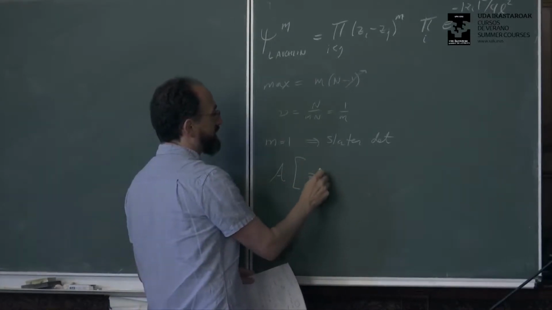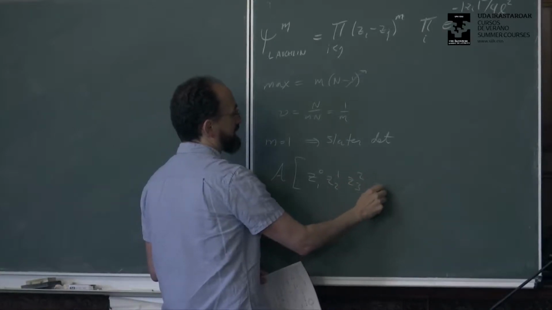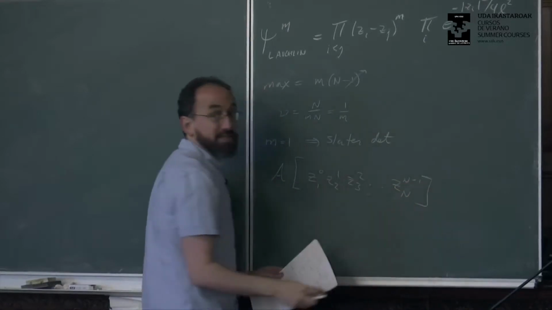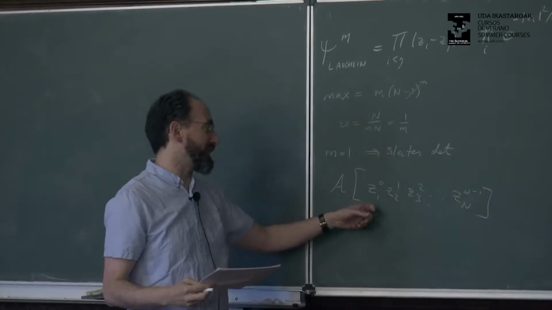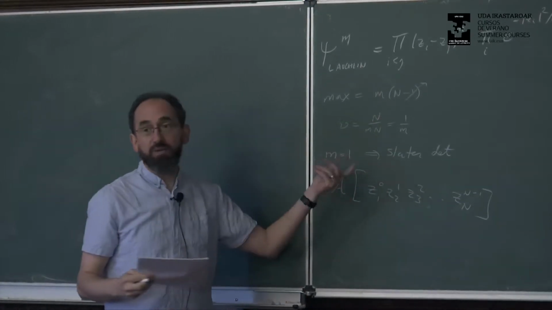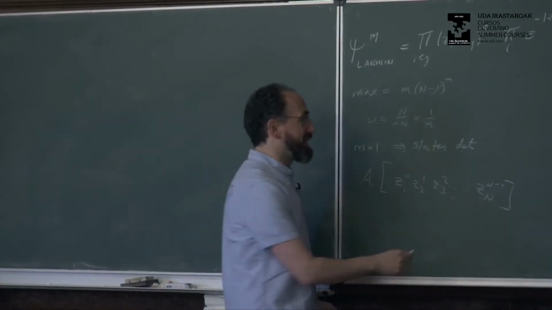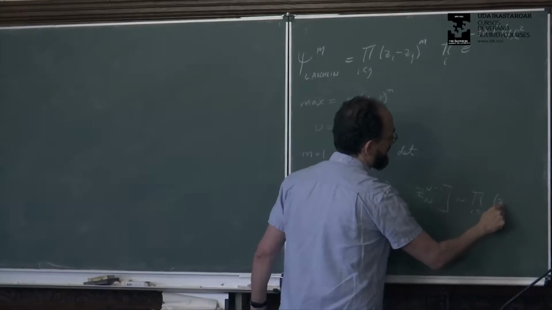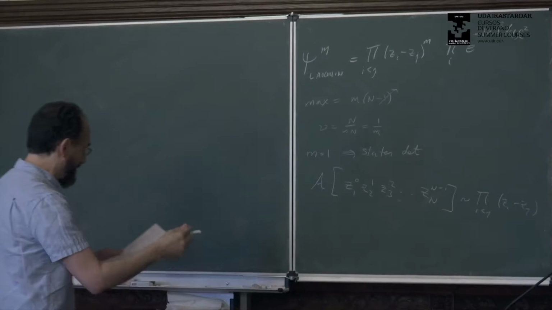So we'll write z1 to the 0, z2 to the 1, z3 to the 2, dot, dot, dot, all the way up to zn to the n minus 1. And this factor A here tells you that you should switch all orderings of which one goes to which power with minus signs for each exchange. And that's what we mean by a determinant. And this thing here is proportional to the wave function we wrote down, the product of zi minus zj. Okay? We're going to need that.